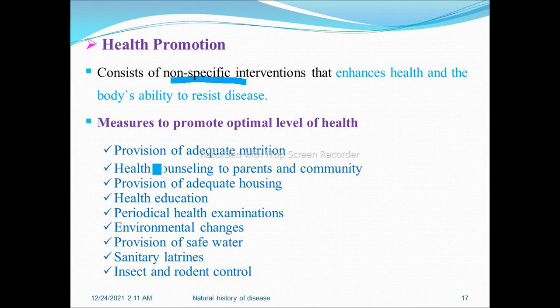So providing adequate nutrition, health counseling, providing adequate housing, health education, periodical health examinations, environmental changes, provision of safe water, sanitary latrines, insect and rodent control are measures to promote the optimal level of health, that is, enhance the optimal health or positive health.